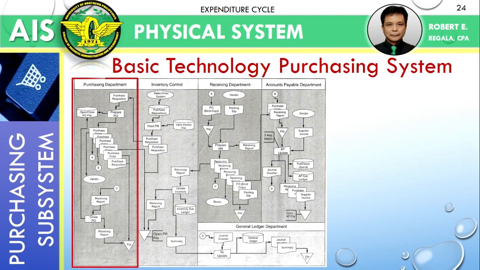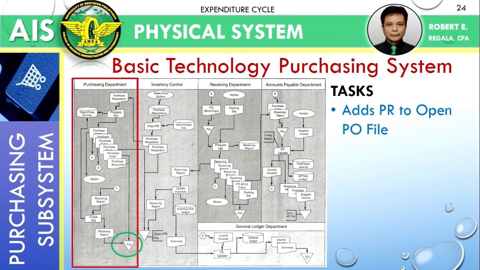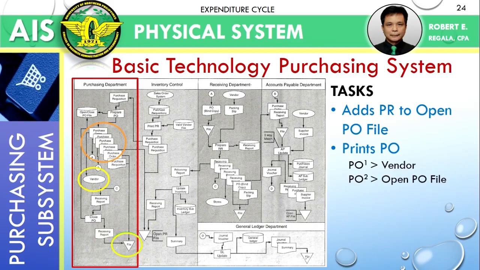Purchasing department. The purchasing department receives the purchase requisitions, sorts them by vendor, and adds a record to the digital open purchase order file. The clerk then prints a multi-part PO for each vendor. One copy of the PO is sent to the vendor. One copy is sent to inventory control, where the clerk files it with the open purchase requisition.